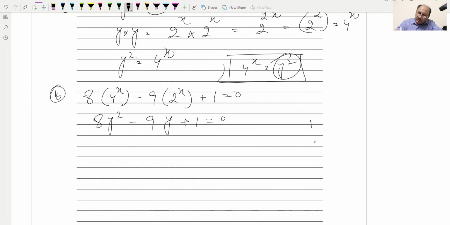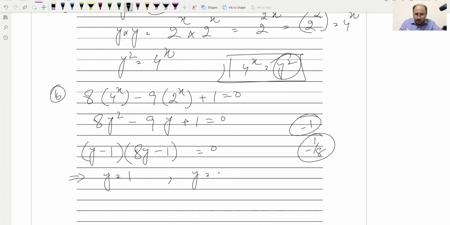So 1 and 1 over 8, we will change sign, and if we use this it will be y minus 1, and this, if we use this it will be 8y minus 1 equal to 0, and this implies what? This implies y is equal to 1 or y is equal to 1 by 8 basically.